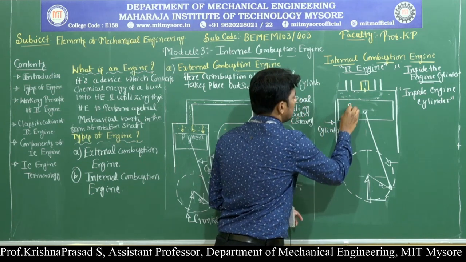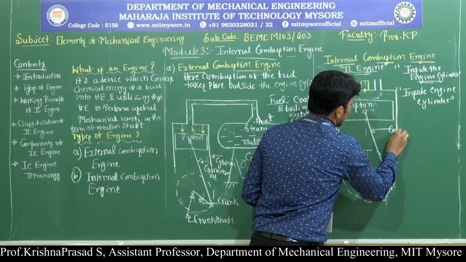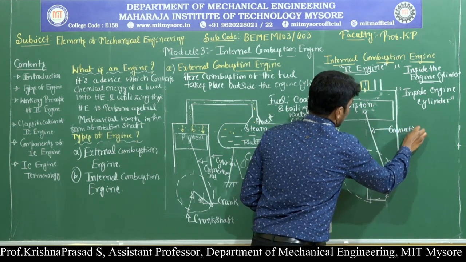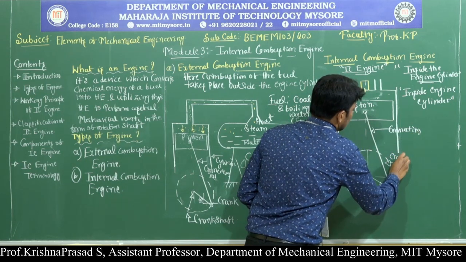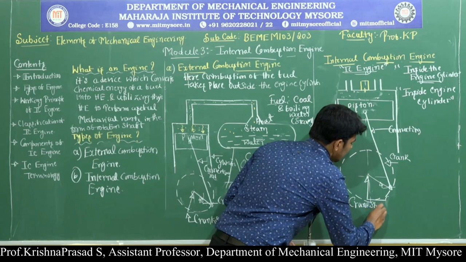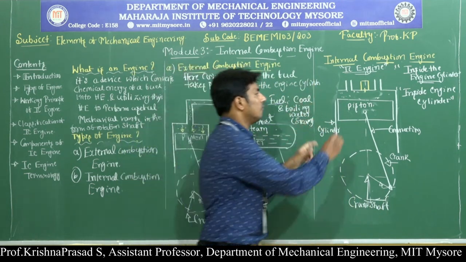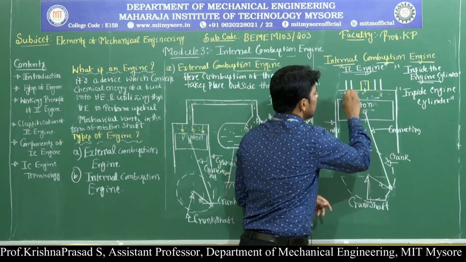This is the piston, this is the connecting rod, this is the crank, this is the crankshaft. So in the internal combustion engine, combustion of the fuel takes place inside the engine cylinder.